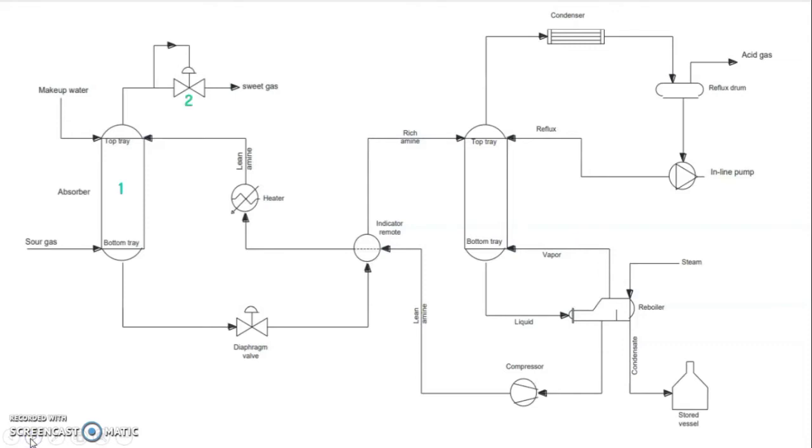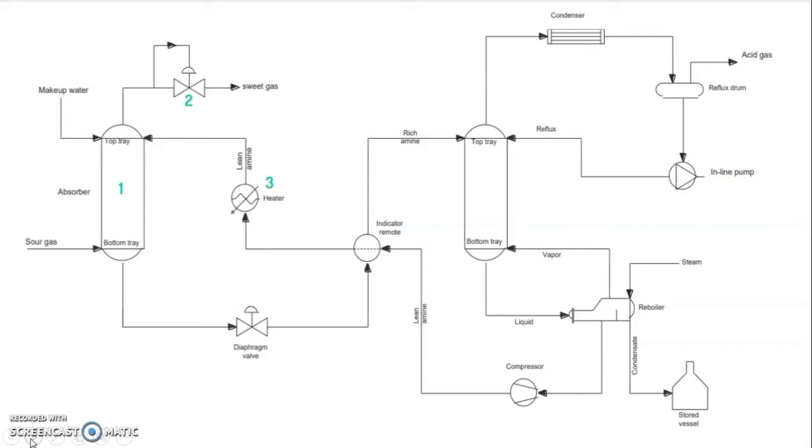It is a flexible, pressure responsive element that can transmit force to open, close, or control the valve. Next is the heat exchanger or heater. The purpose of this device is that it is a type of heater that can exchange temperature without changing the phase.